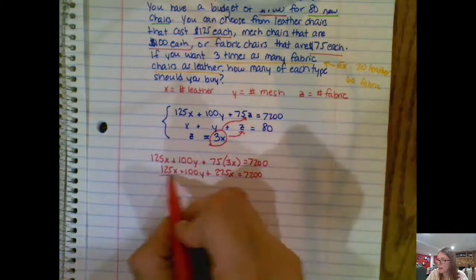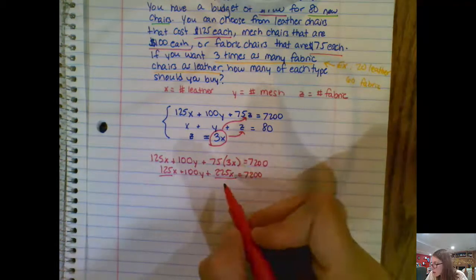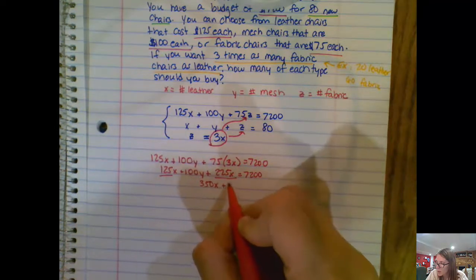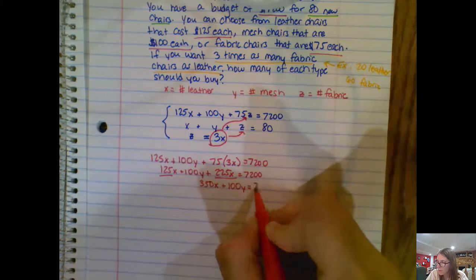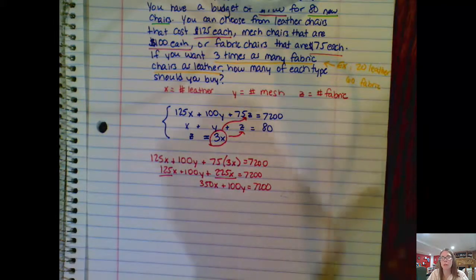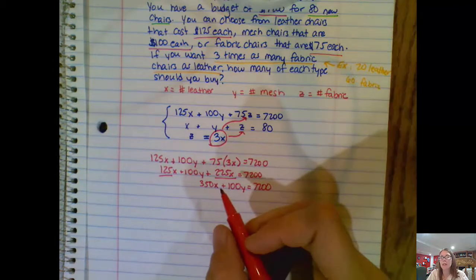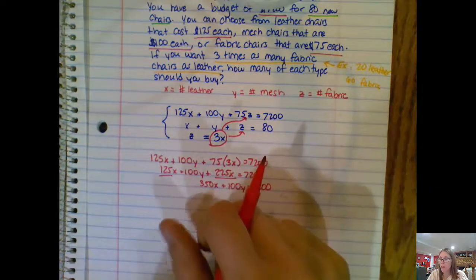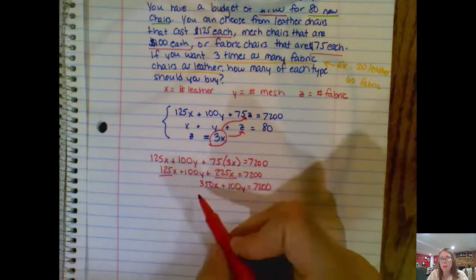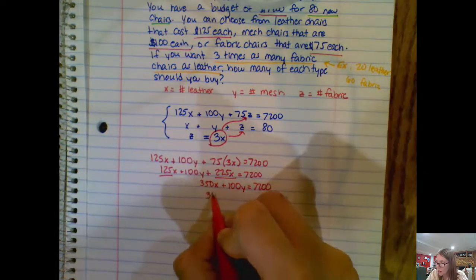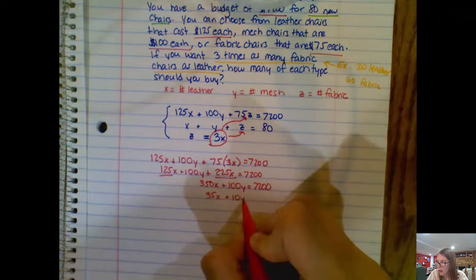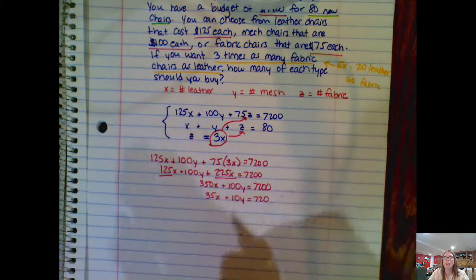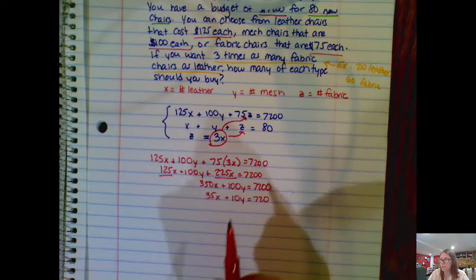Then I can combine 125x and 225x to make 350x plus 100y equals 7,200. Now I just noticed everything ends in a 0. Let's divide by 10, and that'll make my numbers a little smaller to work with. So divide everything by 10, it gives me 35x plus 10y equals 720. We still have some big numbers here, but this will make it a little bit easier.